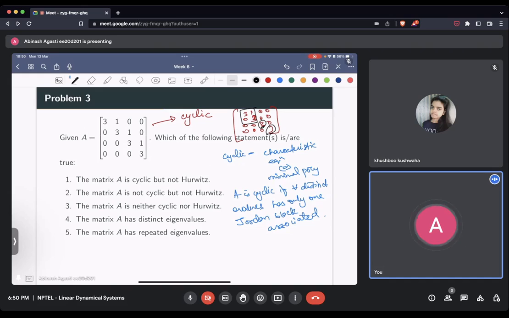So corresponding to each distinct eigenvalue, which here is only 3, there are two Jordan blocks associated. One is this kind, and the other is a normal eigenvalue just on the diagonal. So in some situations, the system might have an A matrix given by this. In that case, it is not a cyclic matrix. So here we have verified that A is cyclic. Now, what is a Hurwitz matrix?